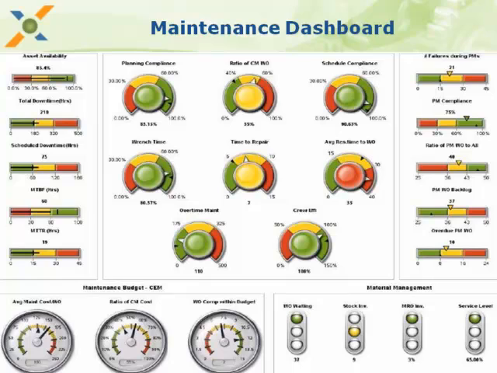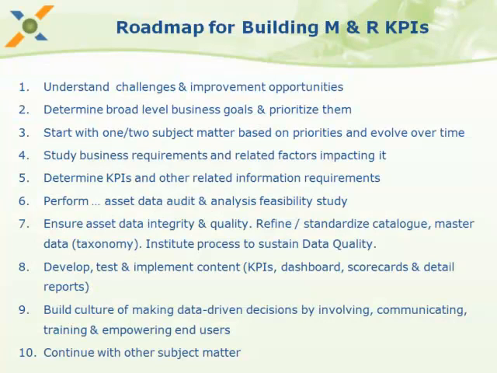So how do we go and build maintenance and reliability KPIs? There are many methodologies. One of the things we have noticed is most of the KPIs should be around whatever your objectives are.